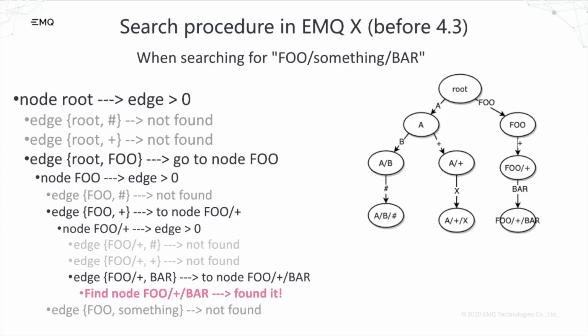So before 4.3, how does EMQX look up a given topic? For example, it's the same tree as the previous slide. If a message is published to a foo/something/bar topic, then we go through the tree like this.